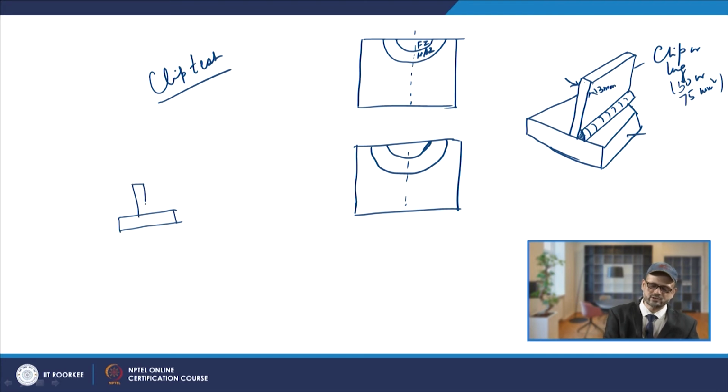Now, this is the welded specimen which you have formed. So, now you will be breaking that with a hammer. This is the weld bead, which will look like this.